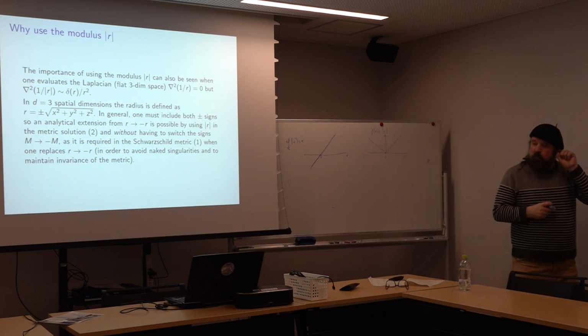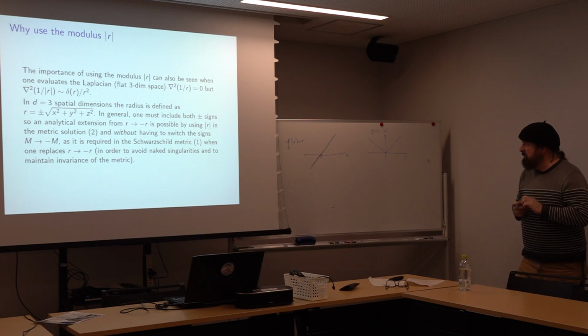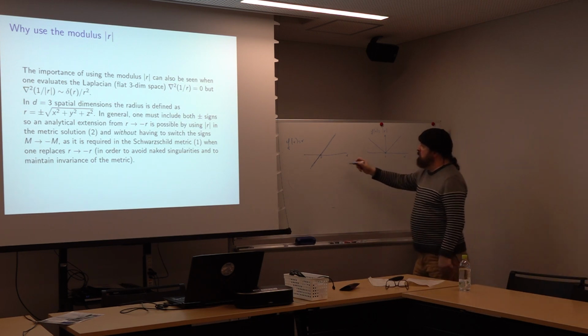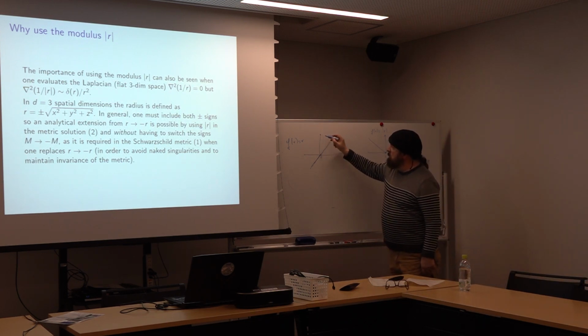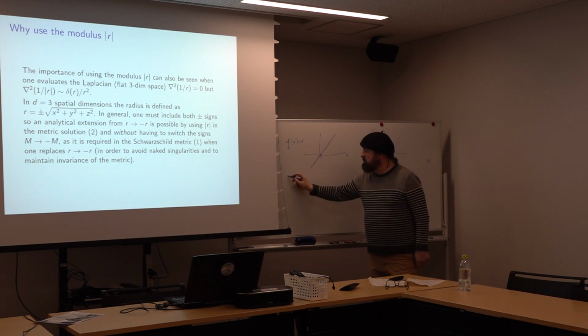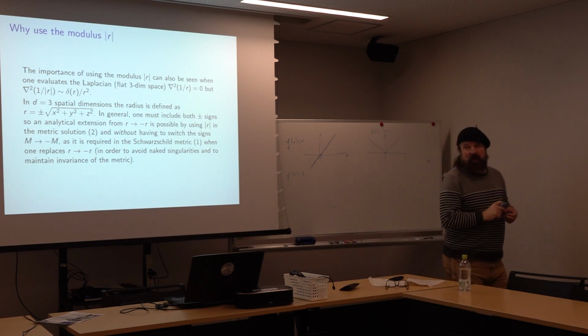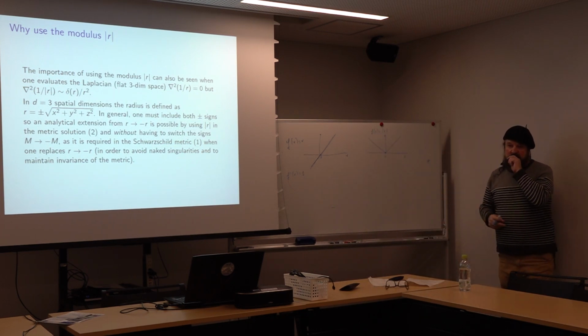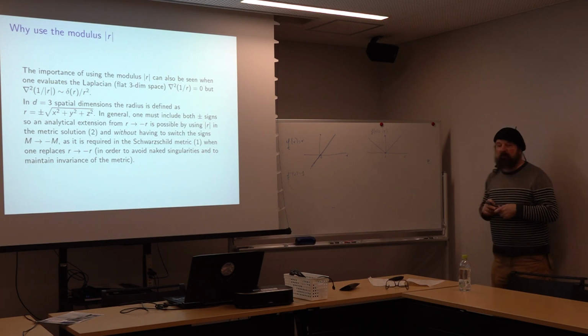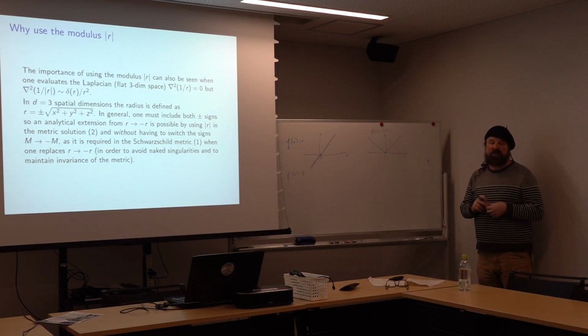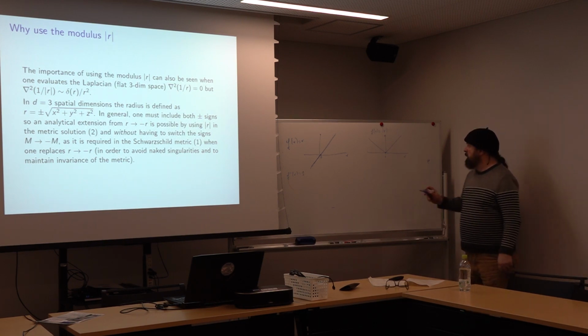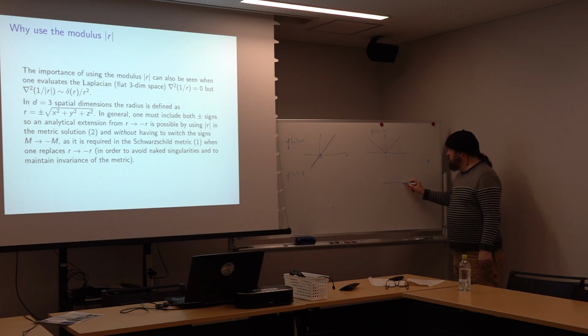Now, what happens when you take the derivative? The derivative of the straight line has slope equal to 1, so the derivative is just 1. But if you take the slope of this curve, you're going to have a discontinuity. For positive values of r, the slope is 1.